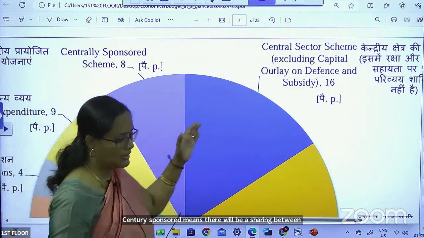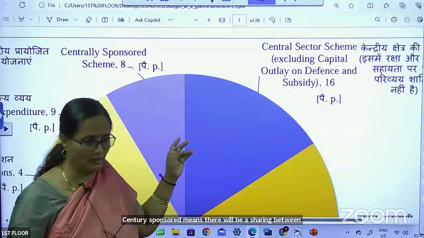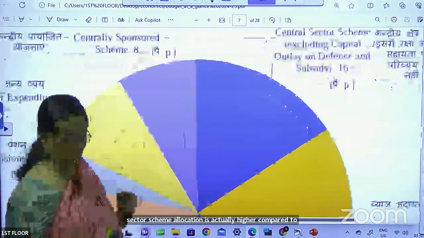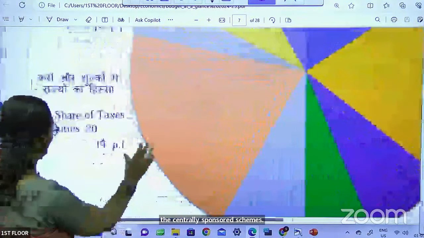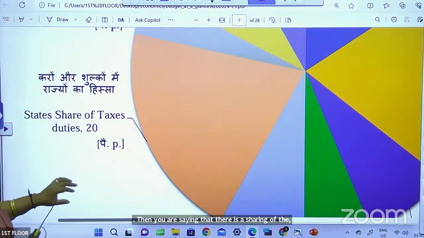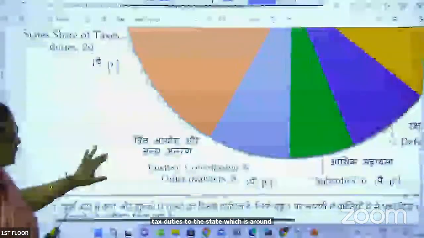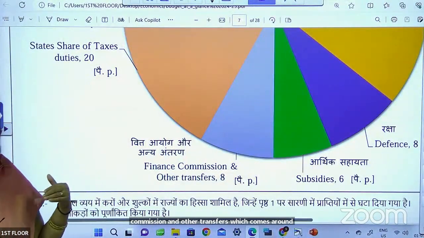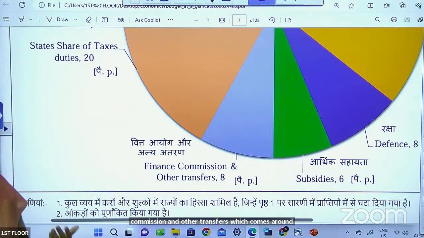So you can see the central sector scheme allocation is actually higher compared to the centrally sponsored schemes. Then you are seeing that there is a sharing of the tax duties to the state, which is around 20 paise, and finance commission and other transfers, which comes around 8 paise. These are the things which are transferred from the center to the states.